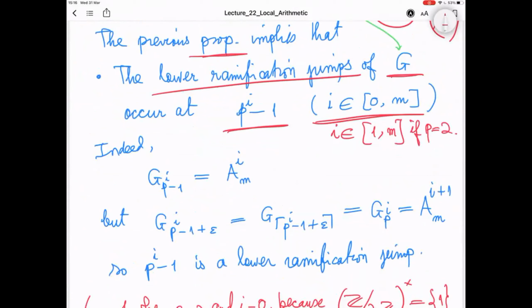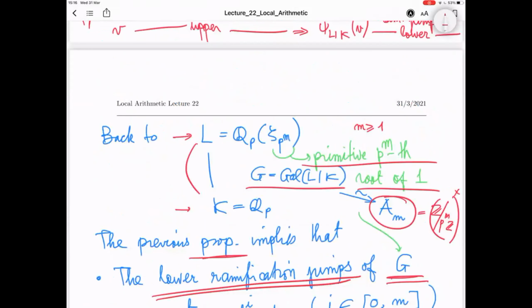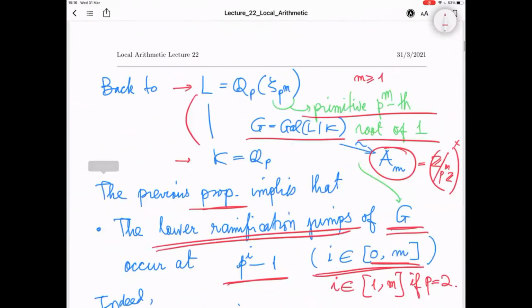Otherwise, it goes from 0 to m. These are the lower ramification jumps of the group G, when G is, of course, this special extension of Q_p obtained by joining a primitive p^m-th root of 1. It's called the cyclotomic extension, right? Okay.